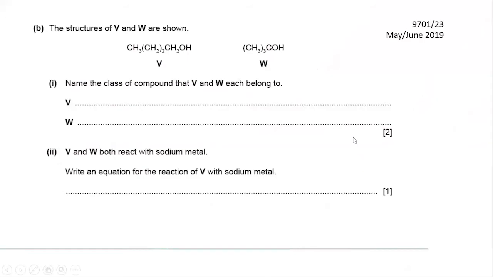Here, part of some question in the 2019 past paper. Here we can see the structures for V and W are shown as above. Name the class of compound that V and W each belong to.